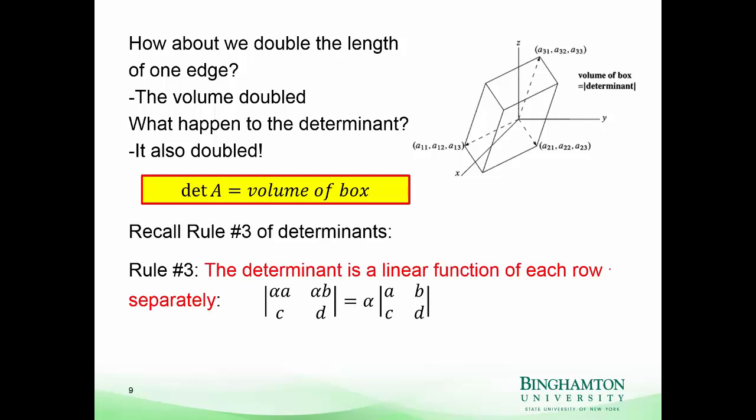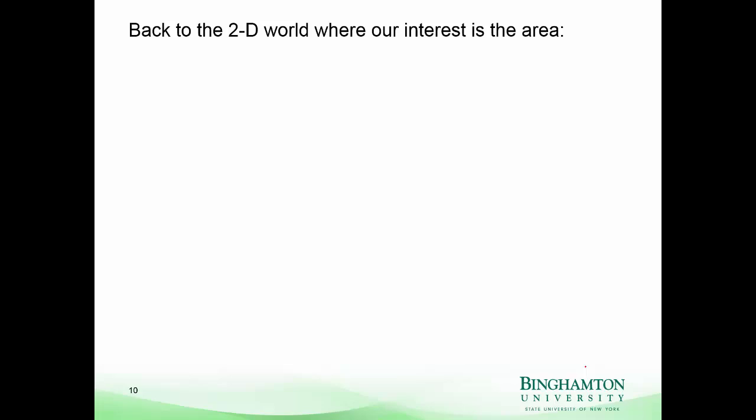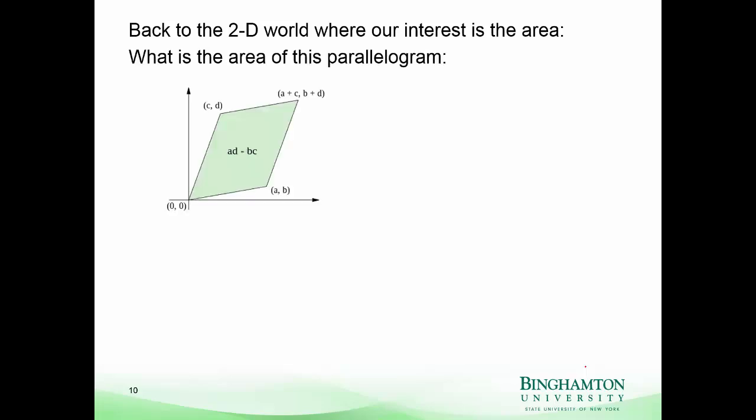And like I said, that just comes from rule number 3 of determinants, which says if you multiply a row by alpha, you will get alpha times the determinant of the original. So now let's go back to the two-dimensional world and talk about area instead of volume.